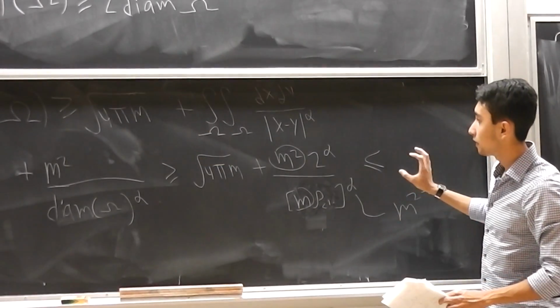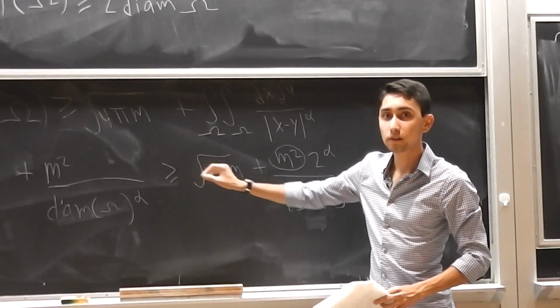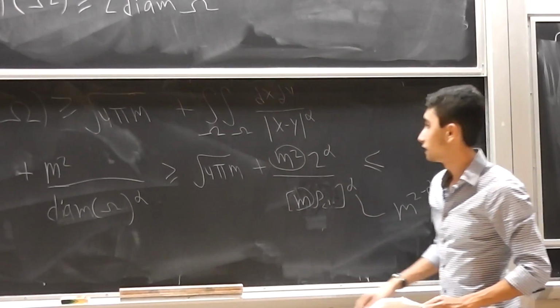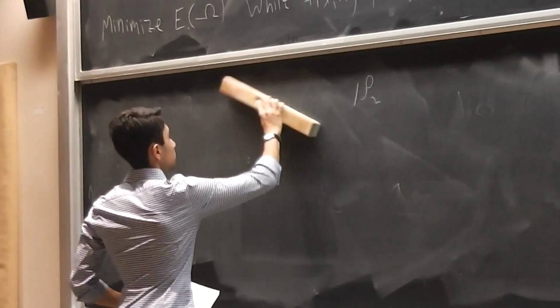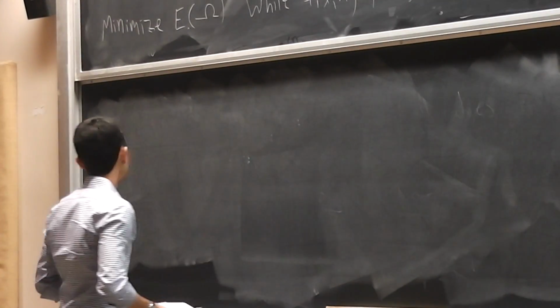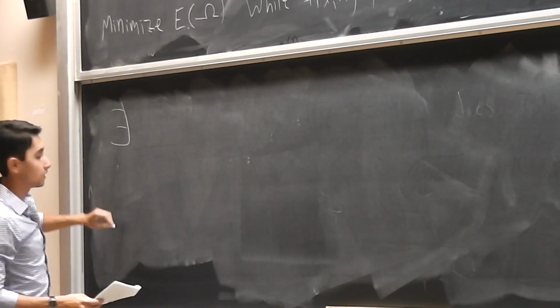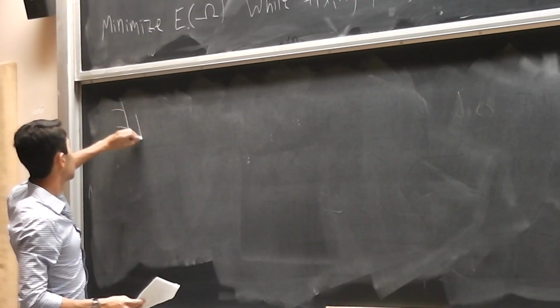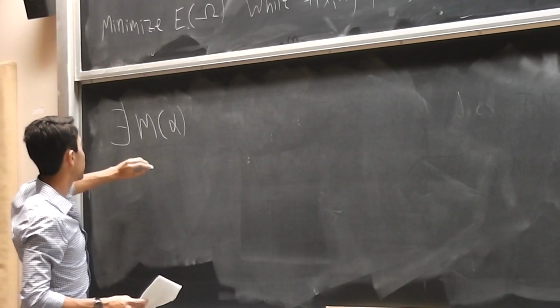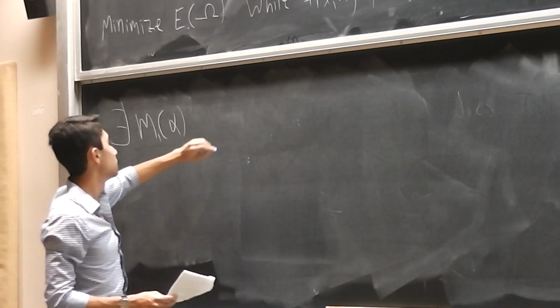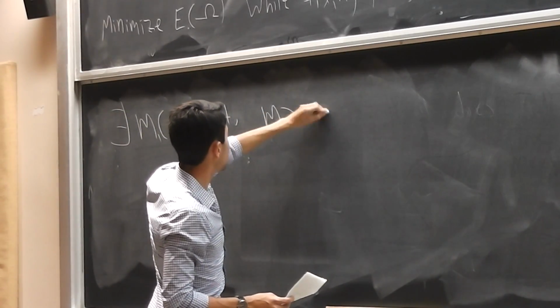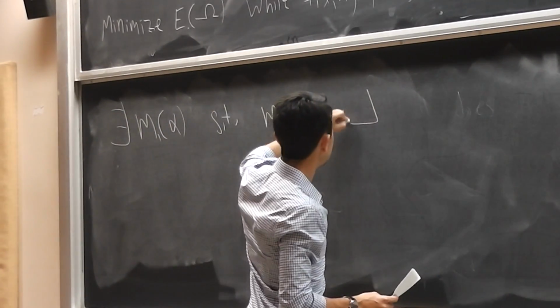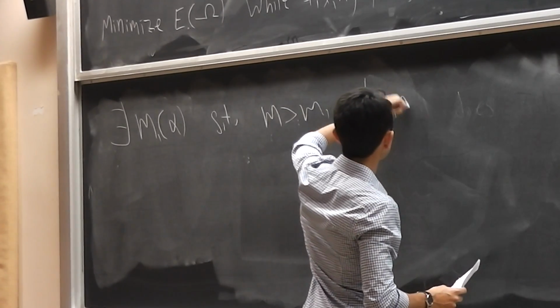In other words, for large m, this inequality can't hold. So there exists another critical value of m, maybe m1, such that for m greater than m1, there doesn't exist a minimizer.